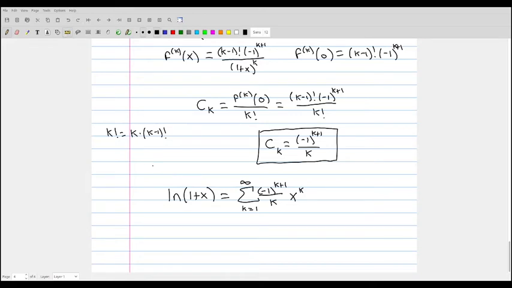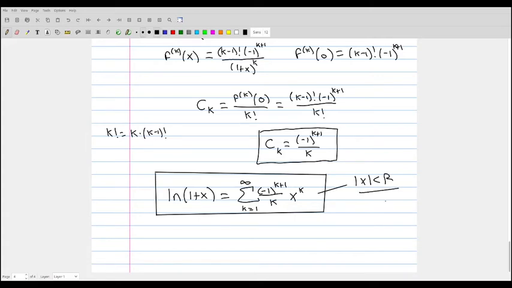And this is the first example where our radius of convergence is actually not infinity. The radius of convergence for this series ends up being a finite value, so we have to be careful, because this equality is only valid when we're inside the radius of convergence, whatever that ends up being.